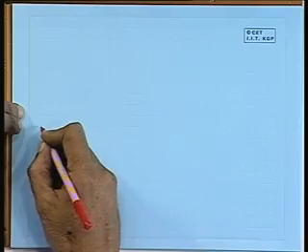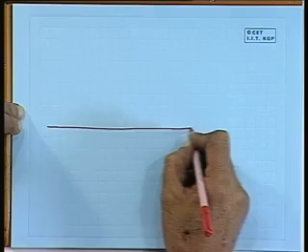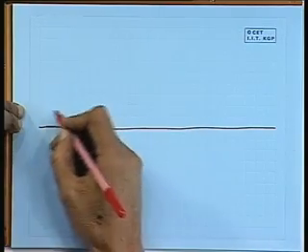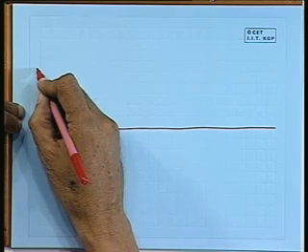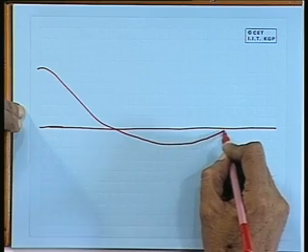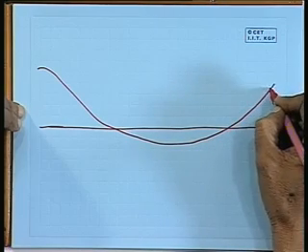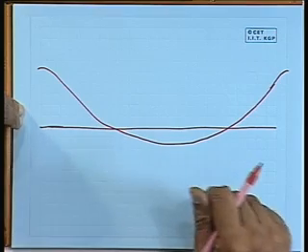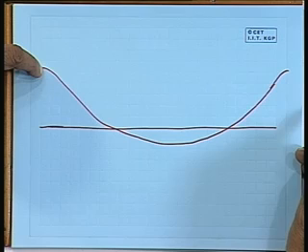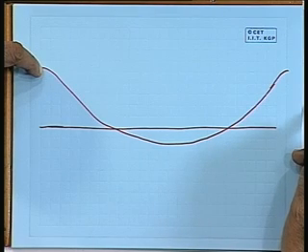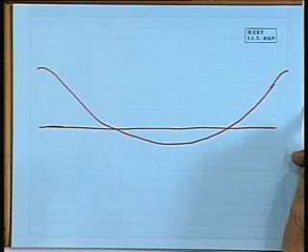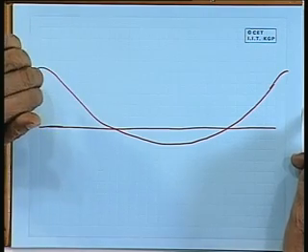What one can see is you have a sharper crest and a flatter trough. This is what people have observed. It is not a symmetrical one with the same type of trough and the same type of crest.